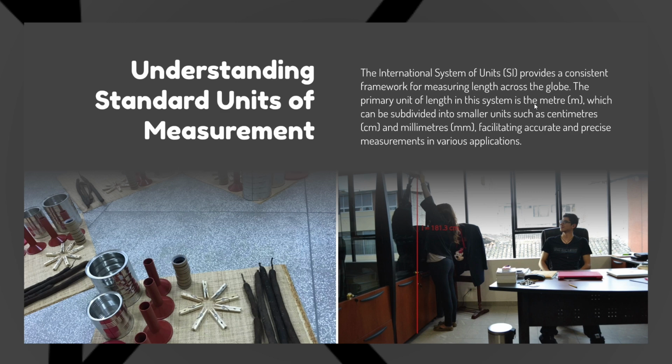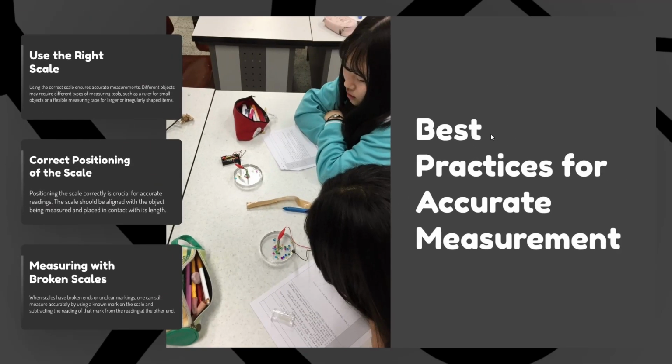The primary unit of length in the SI system is the meter, denoted as small m, which can be subdivided into smaller units such as centimeters and millimeters, facilitating accurate and precise measurement in various applications.